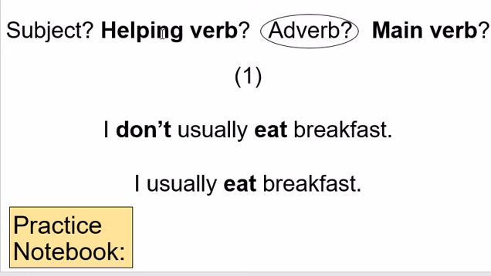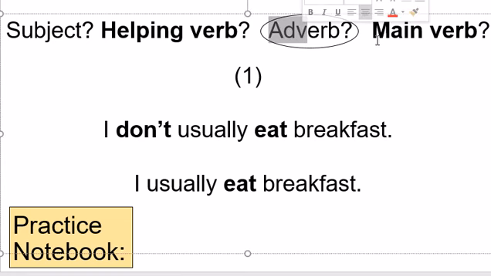Now, you might not have a helping verb. Sometimes you don't have it. So you can pause here, copy these 2 sentences in your practice notebook, and write subject S, helping verb HV, adverb ADV, and main verb VM. Okay. You can label the 2 sentences. I'll pause and then I'll share the answers.